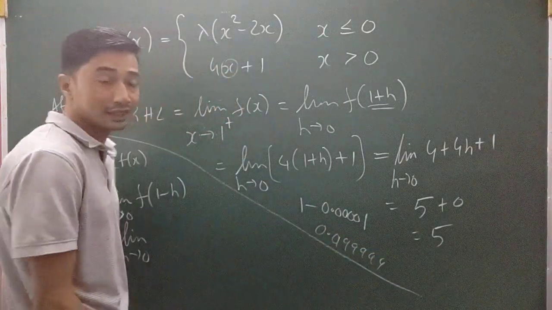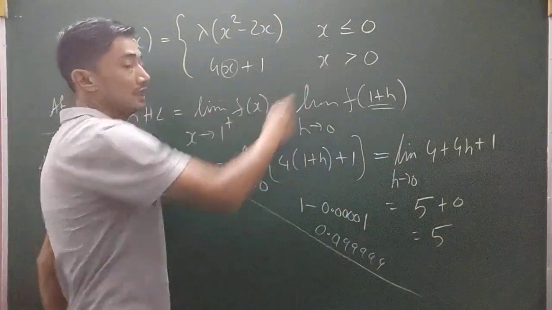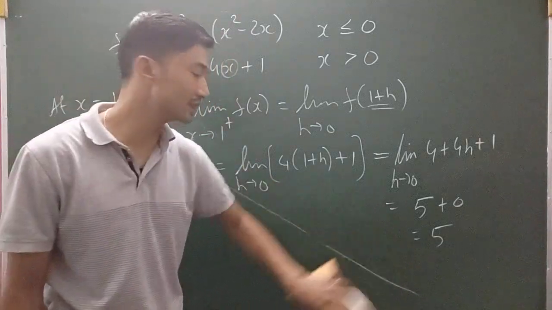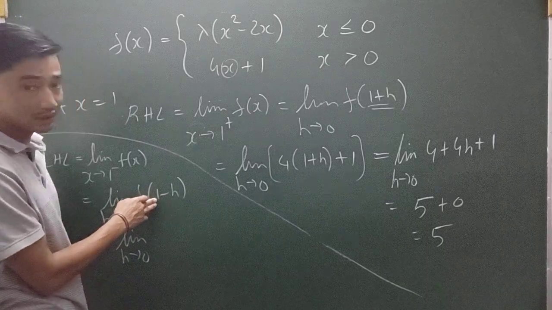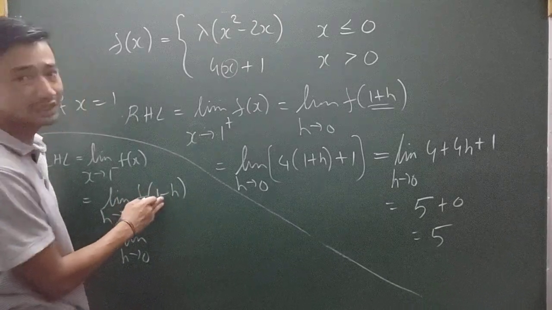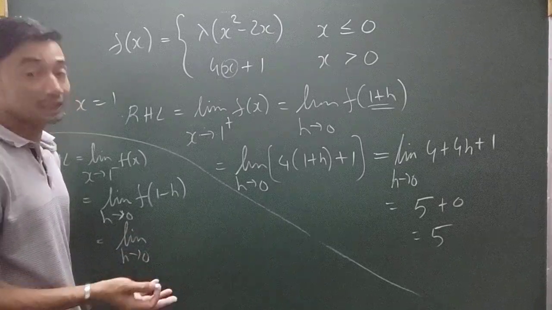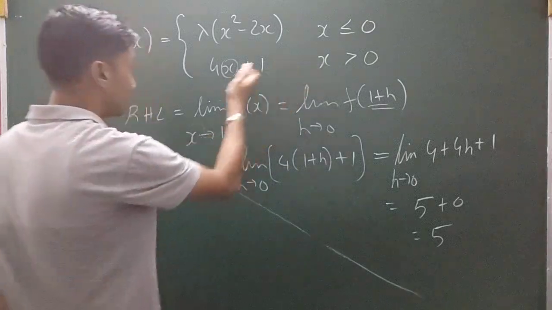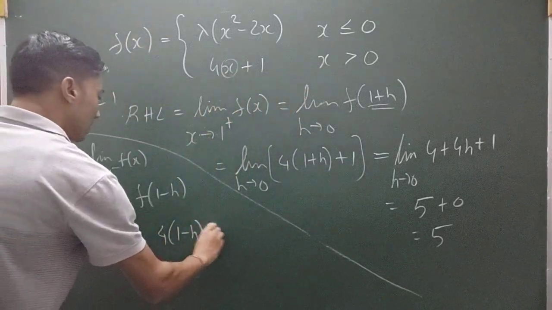So 1 minus h also definitely will be greater than 0, because h is not a very big value, it's a very small interval. If you subtract h from 1, it's really not going to matter, it's approximately going to be 1 only. So again it's going to be greater than 0, so we use the same function, 4 into (1 − h) + 1.